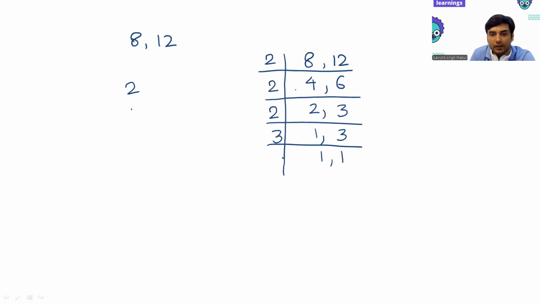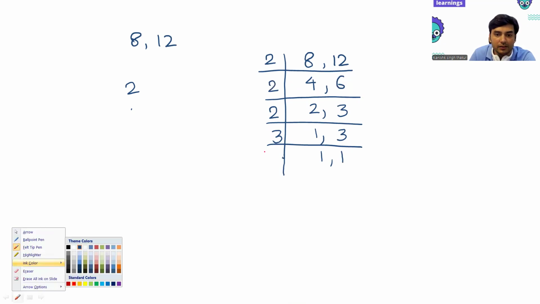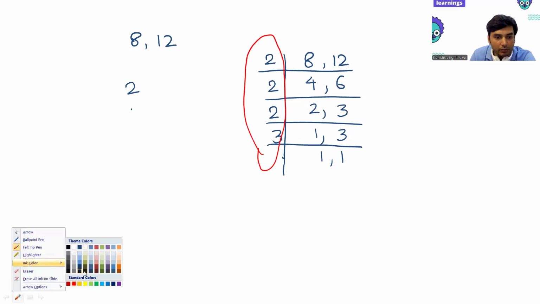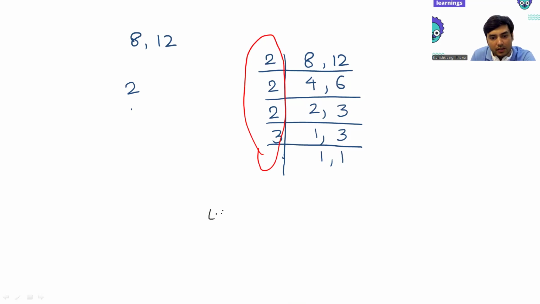This is it. Now what you got are the factors, and if you multiply all these numbers, you will directly get the LCM. So the LCM of 8 and 12 will be 2 times 2 times 2 times 3.